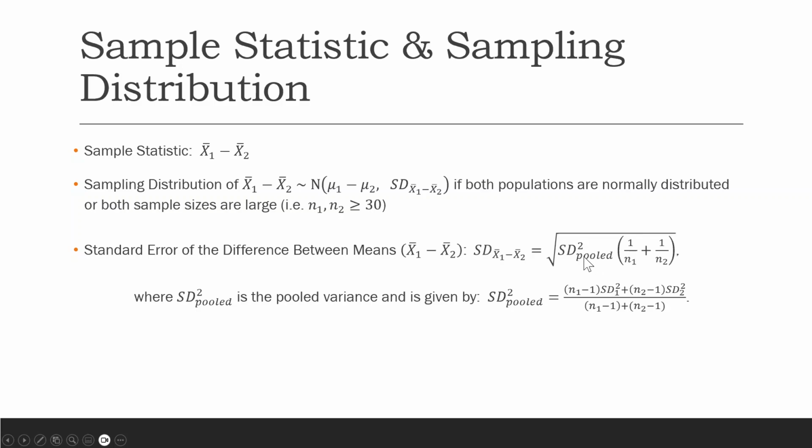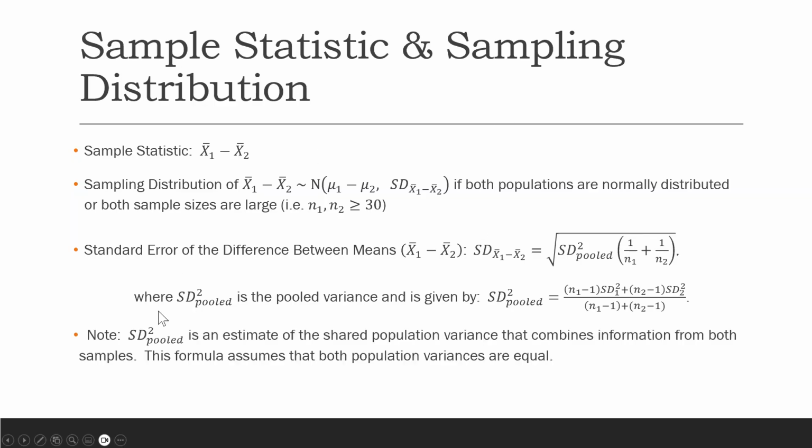So that will go there in the formula, and then you have 1 over n sub 1 plus 1 over n sub 2, multiplied by that. Now, that pooled variance is actually an estimate of the shared population variance that combines the information from the variance in the first group and the variance of the second group. So it takes all of that into consideration, and so we call that the pooled variance.